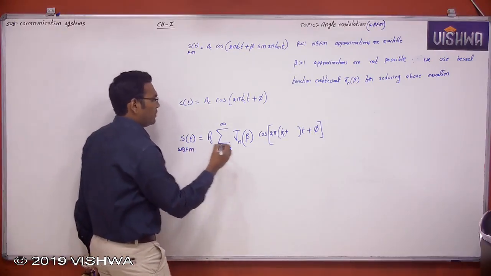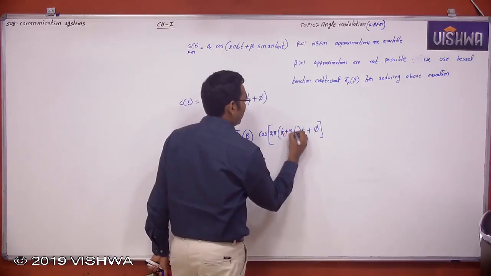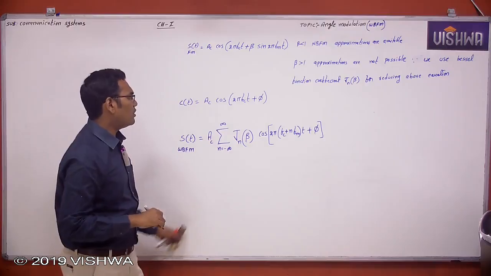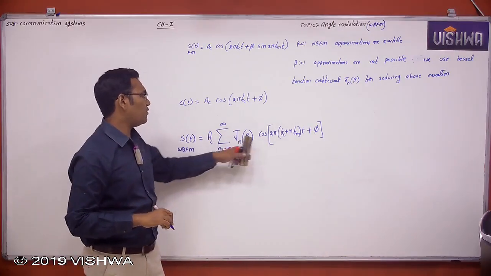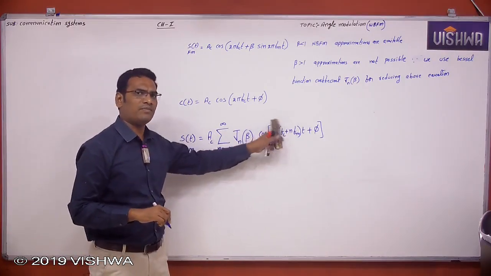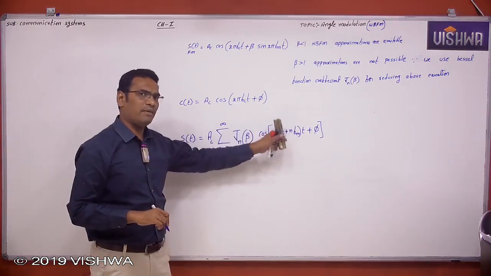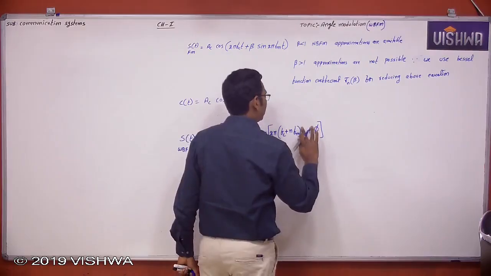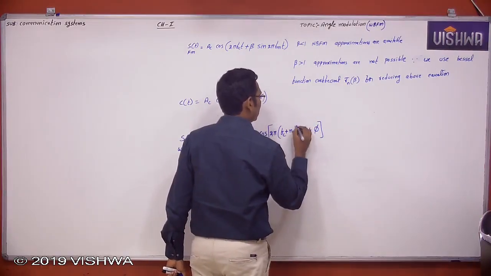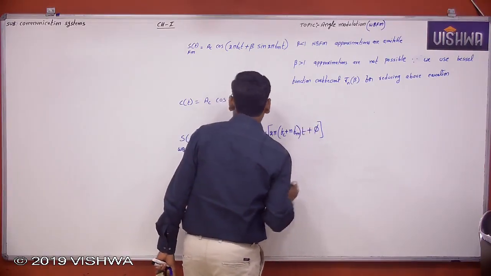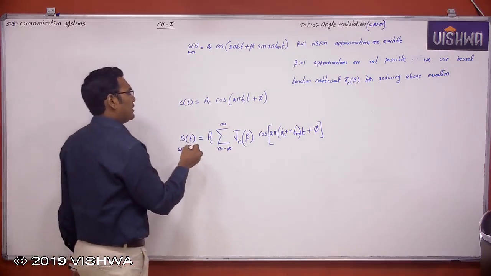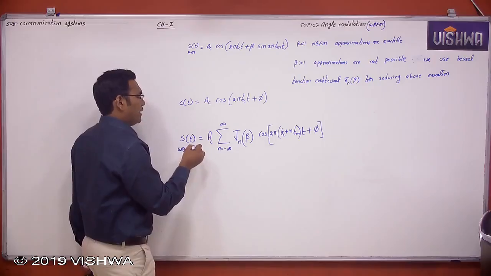So this is fc plus n fm into t. If n equals 0, fc t; n equals 1, fc plus fm; fc plus 2fm, fc plus 3fm, fc minus fm, fc minus 2fm, and so on. This is the standard mathematical time domain equation of wideband FM.